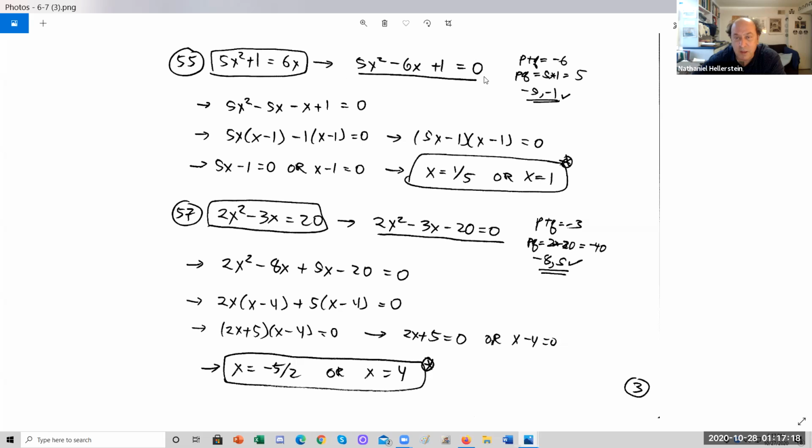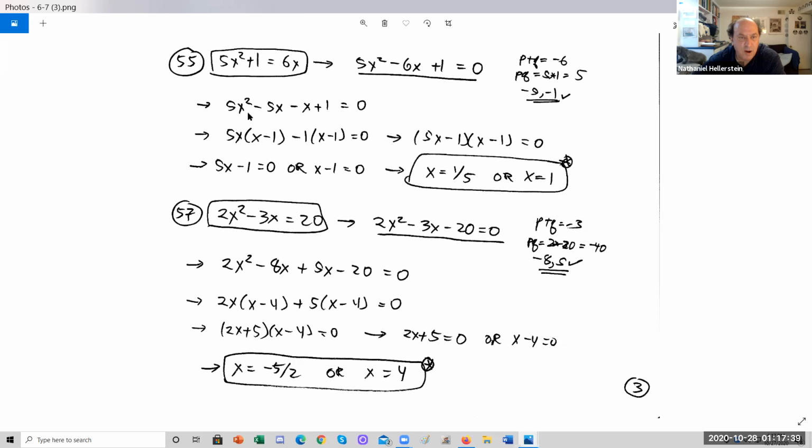Now to factor this by the AC method, we need two numbers whose sum is negative 6 and whose product is 5 times 1, which is 5. Negative 5 and negative 6 do the trick. Their sum is negative 6, their product's 5. So we write negative 6x as negative 5x minus 1x. 5x squared minus 5x minus x plus 1.